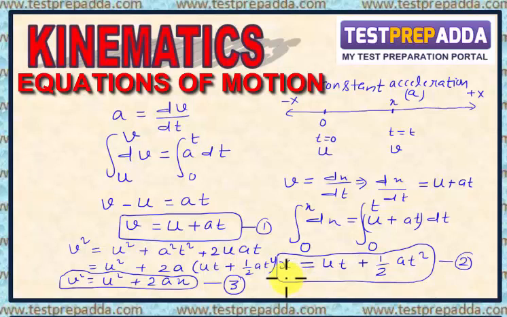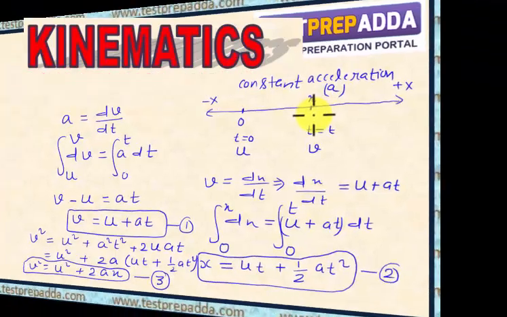And the important point here is this x is actually the position. This x is the position of the particle at time t. It is not the distance traveled from 0 to t. It is the position of the particle.